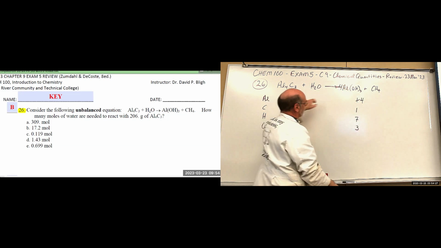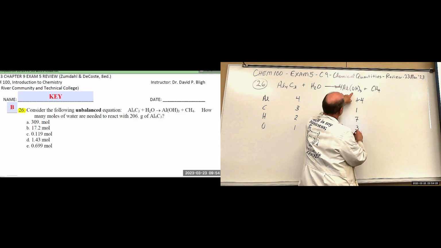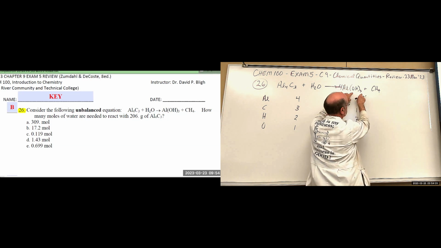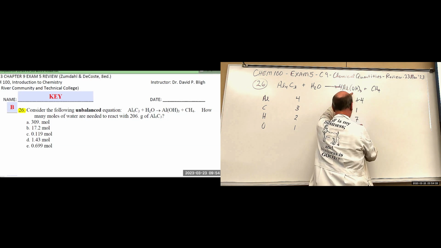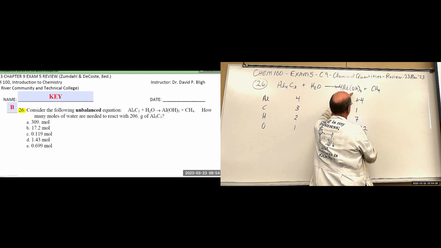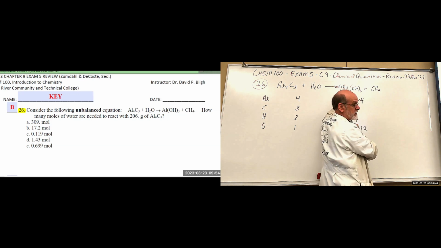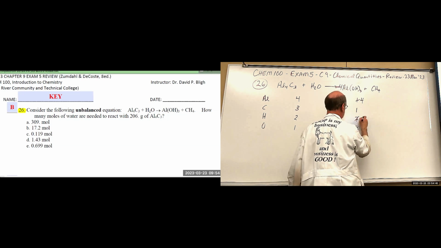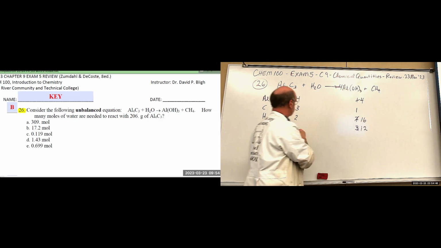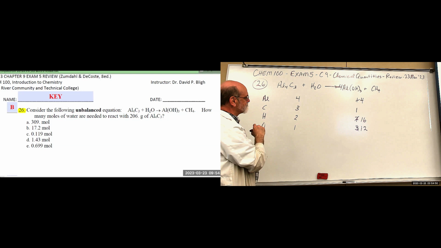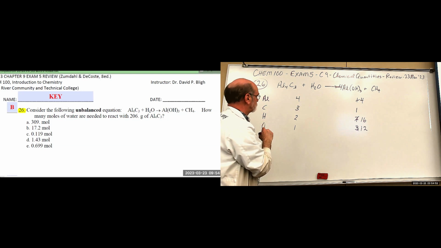That will change the oxygens to 4 times 3 is 12, and it'll change the hydrogens. 4 times 3 is 12, plus 4 is 16. 16 hydrogens. Okay. How about carbon?